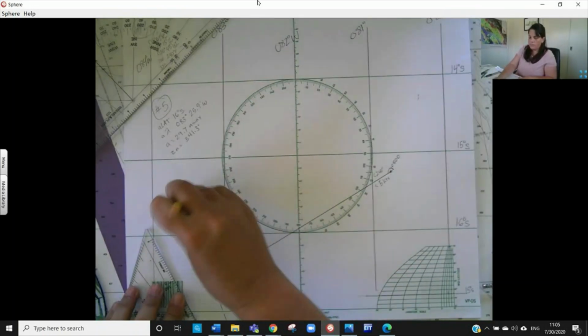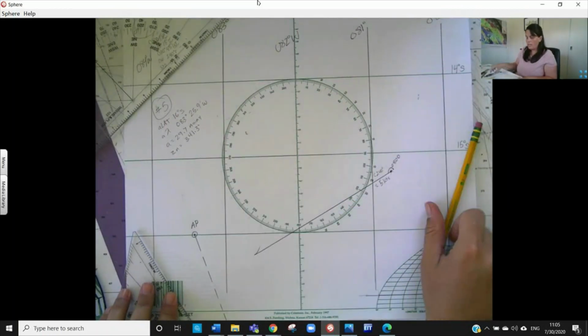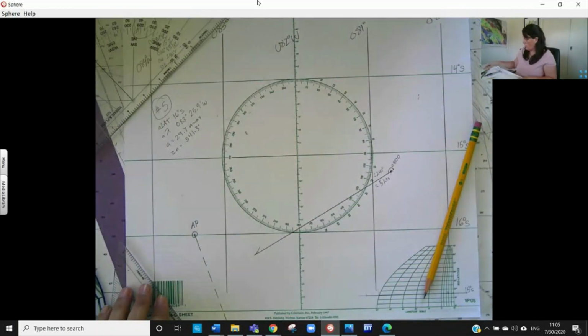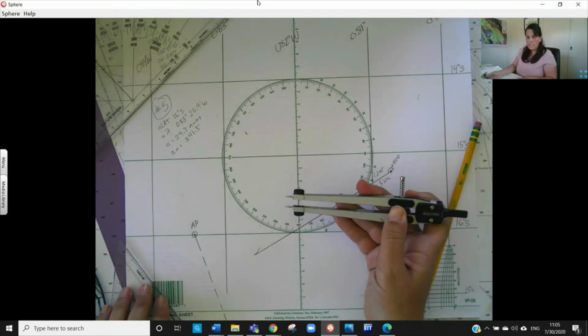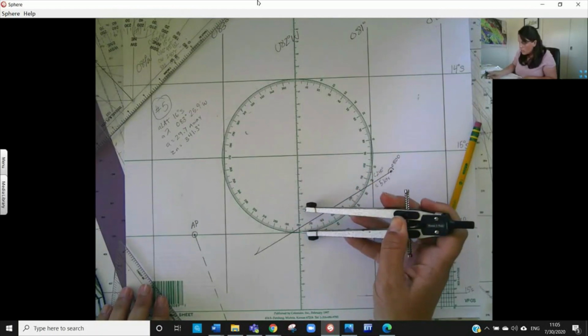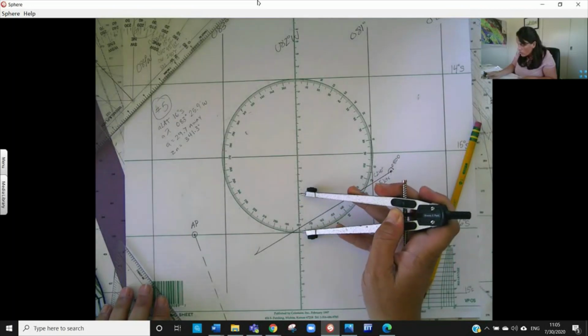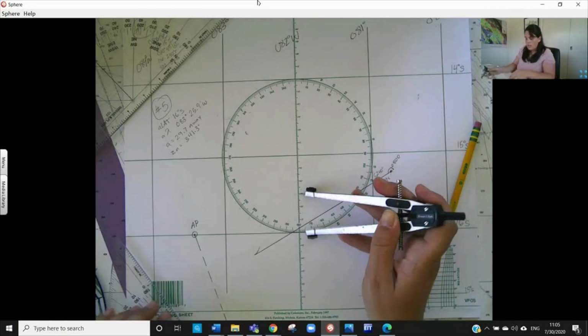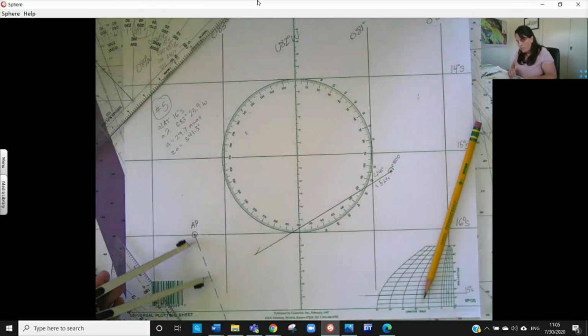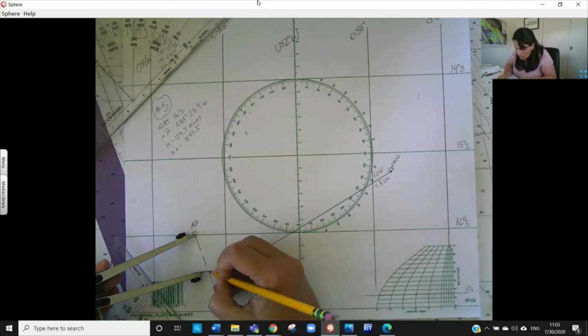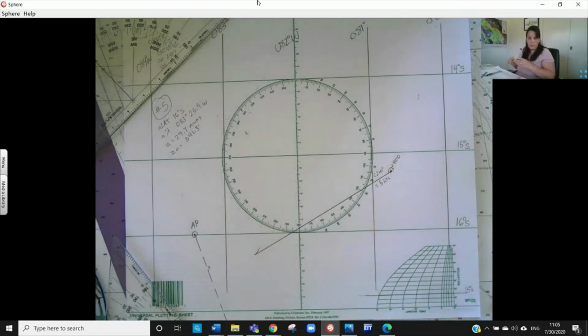My intercept is 29.7. So I need to find 29, almost 30. Get as close as you can. From my assumed position, away from 341, right here is going to be that intercept.